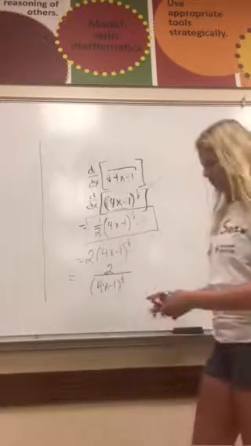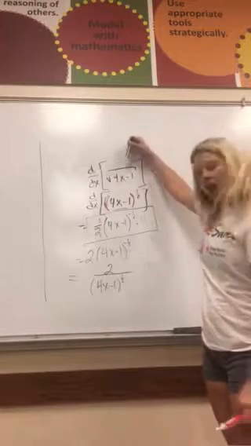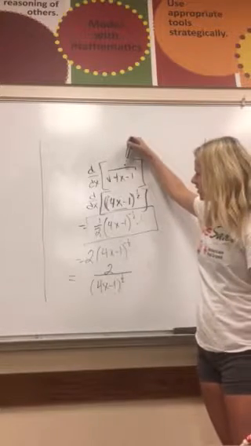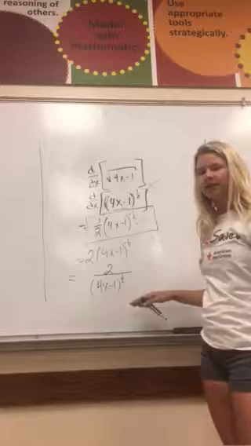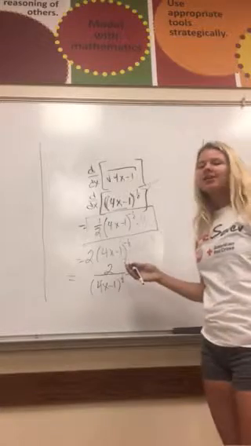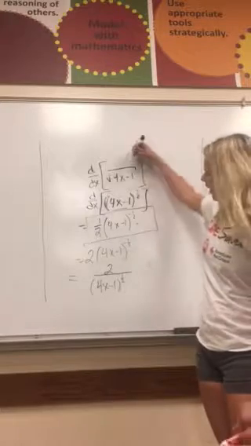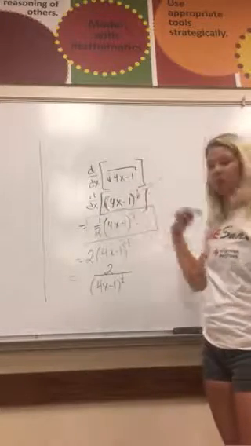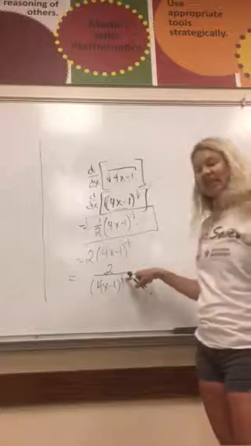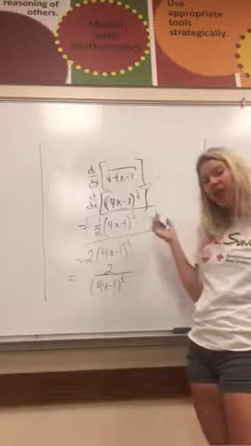Star number 2. When you start off in a radical, you want to end in a radical. It's just a nice way. You start and end in the same place. So we know, right away, we took this radical and made it into a 1/2. So at the very end, we can take this 1/2 and make it back into a radical.